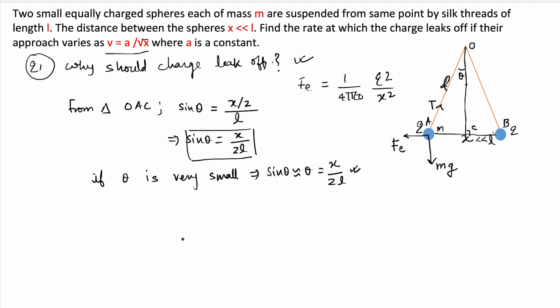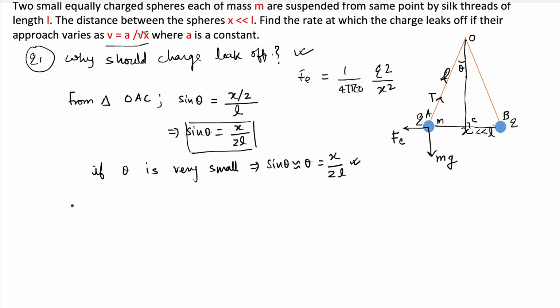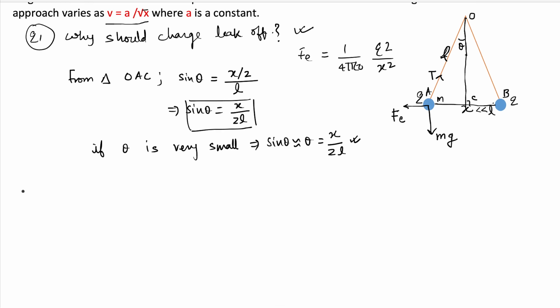With this, let's write the equation for equilibrium. Now what I'm saying is that this only works in a certain condition, which I will show you later. But let's assume that we have equilibrium.